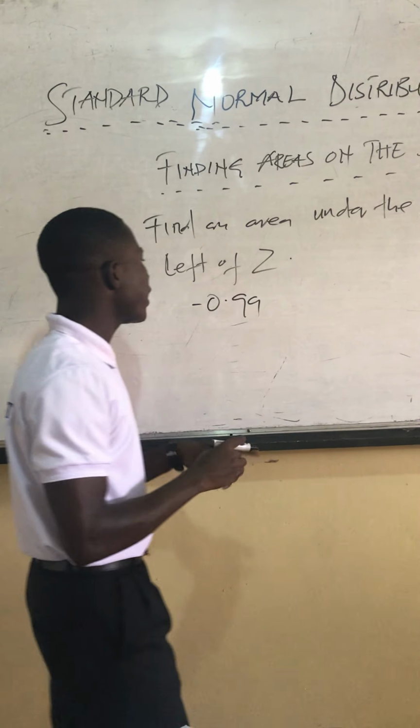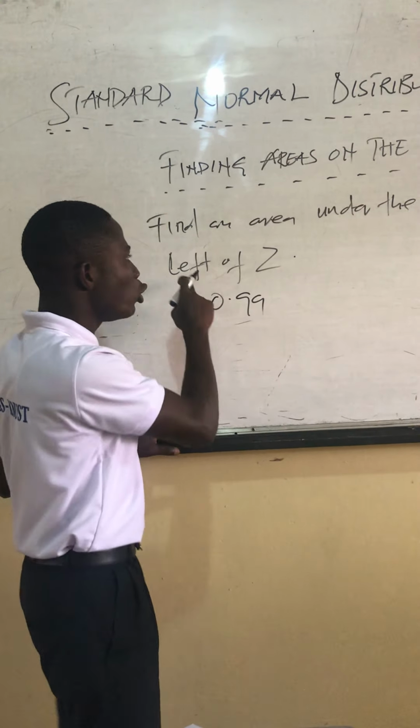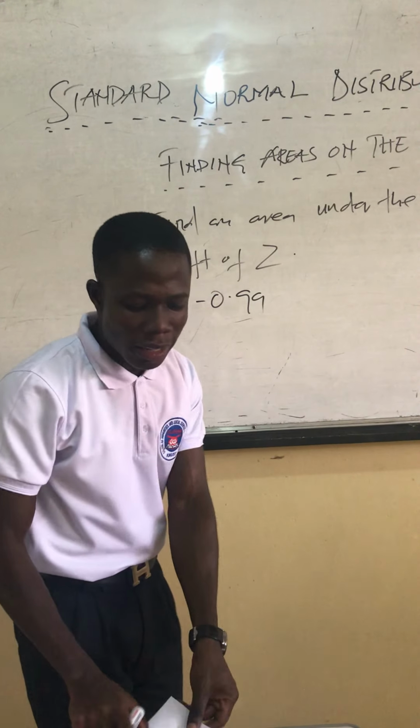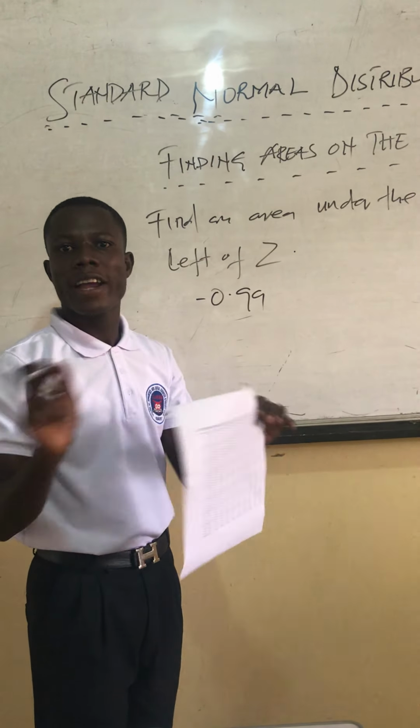So if you are asked to find negative 0.99 on your left of z, it means the answer you get here is your final answer.